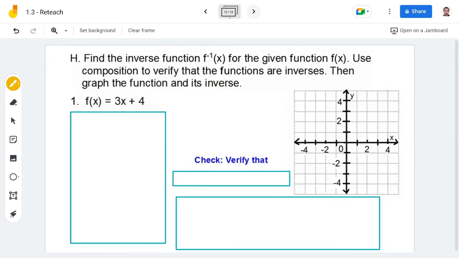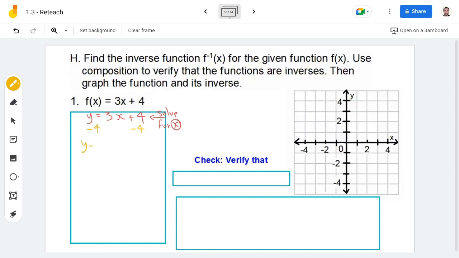Now let's take this example here. After we know the steps, first we convert f of x to y equals 3x plus 4. Now we need to solve for x. To solve for x, we need to subtract 4 from both sides.